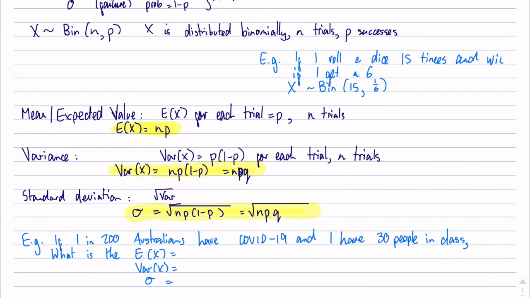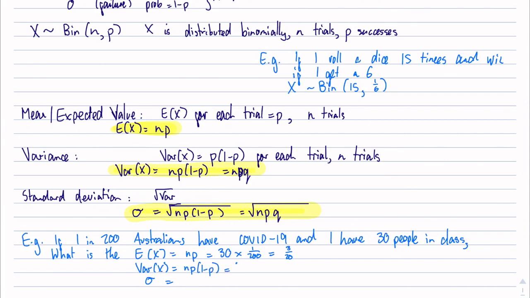So the expected value is NP, where there are 30 people in the class. And the probability was 1 in 200, which gives me, what's that, 3 over 20? Okay. The variance is NP(1 minus P).